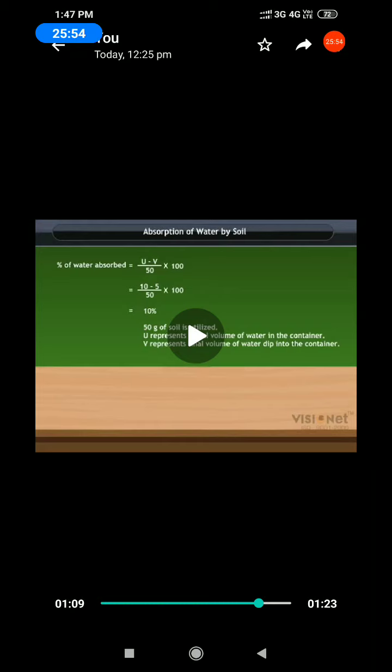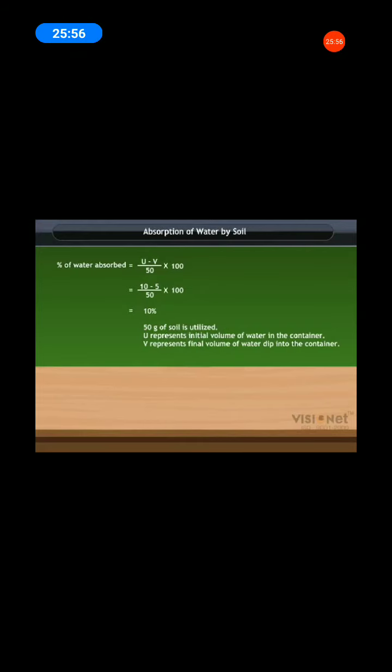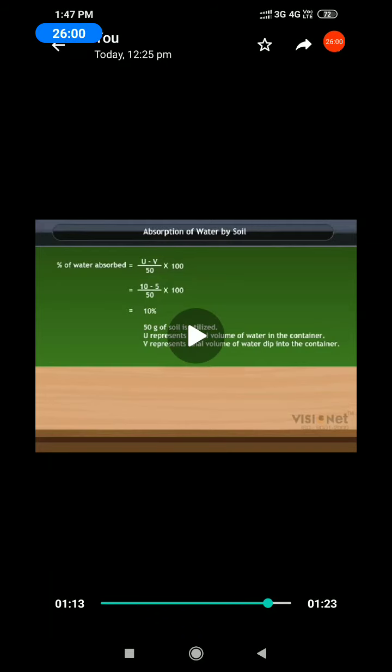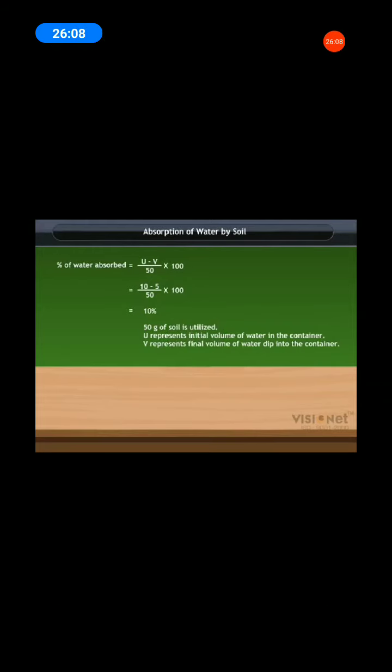Okay, see the video. U represents the initial volume of water in the container. V represents the final volume of water dripped into the container. By solving the equation we get the percentage of water absorbed equals 10%.